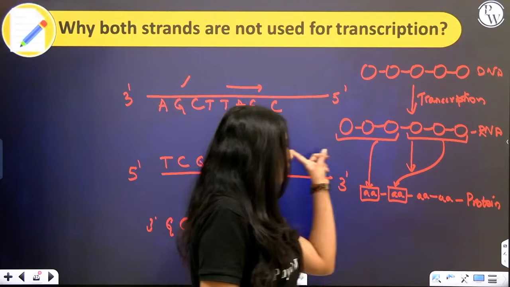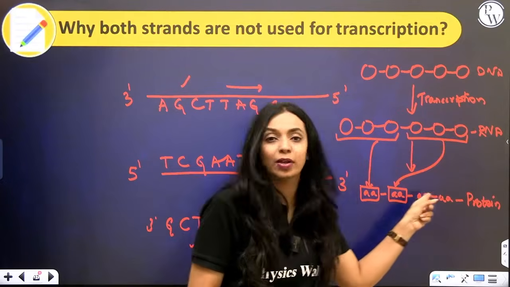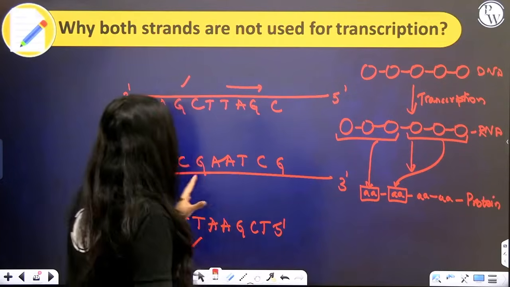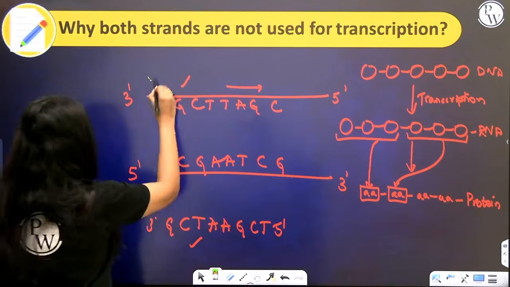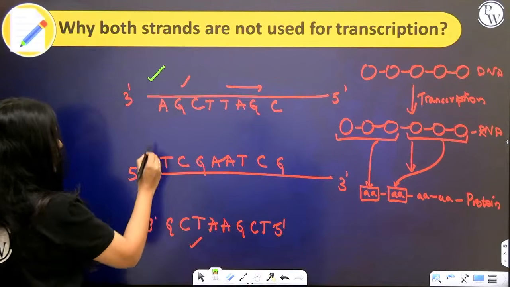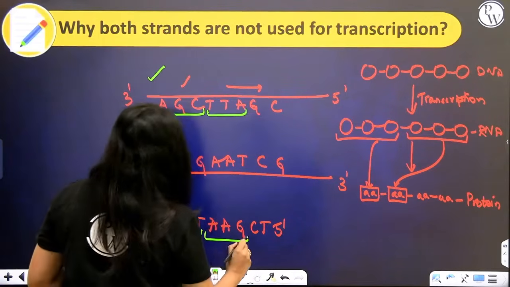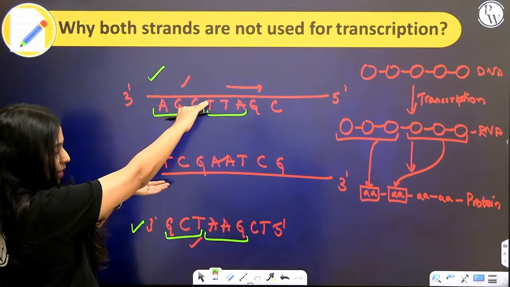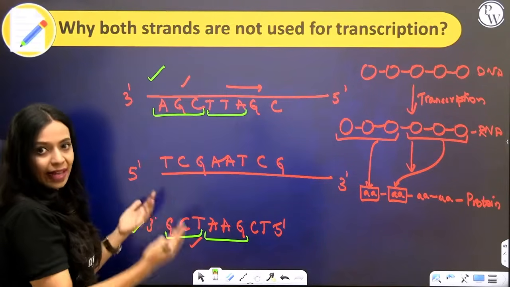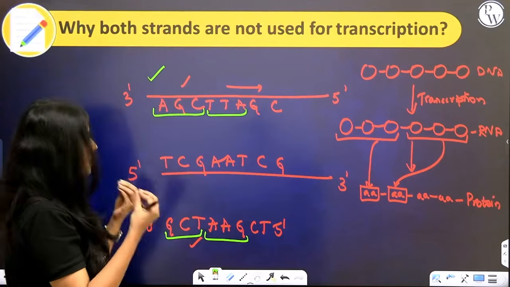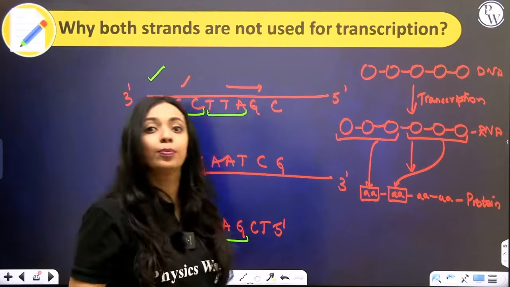So, whatever is the sequence of RNA here, that will determine the sequence of amino acids in your proteins. If you look at this strand and this strand, you can see how the sequence is not the same. From the same segment of DNA, if you consider them both in 3' to 5' direction, which is the direction in which transcription proceeds, you can see how the same segment will code for 2 different proteins.